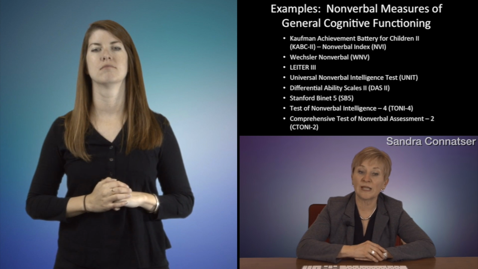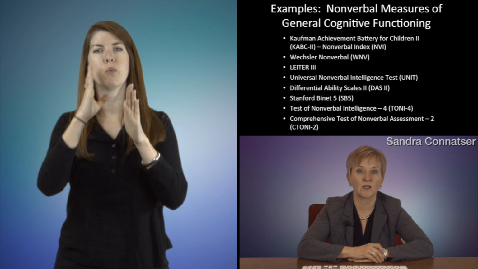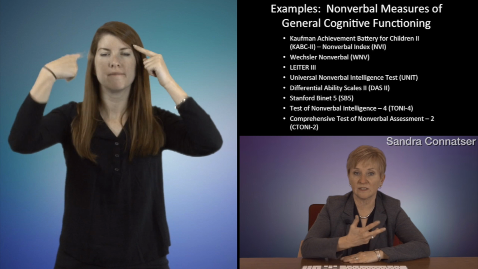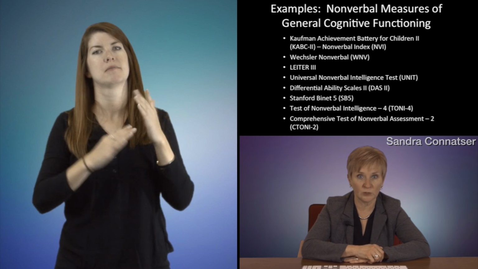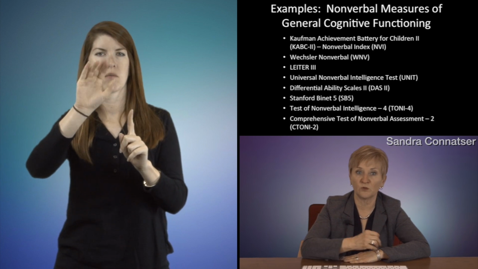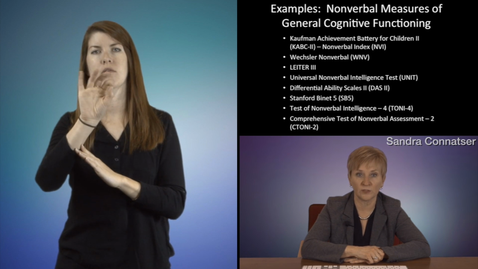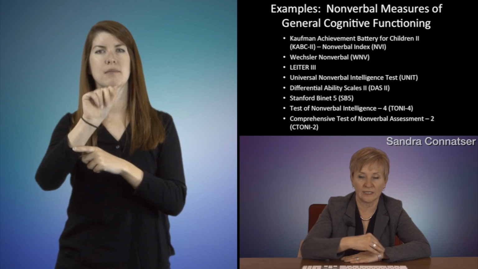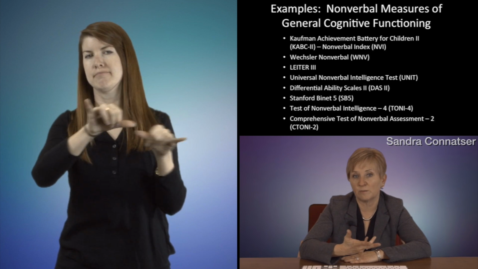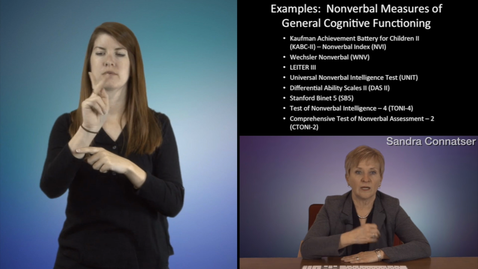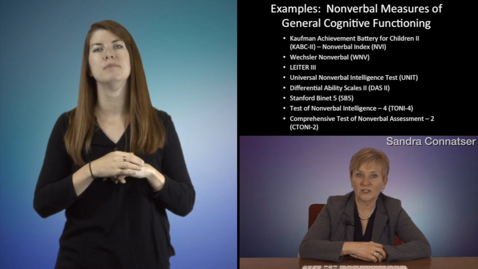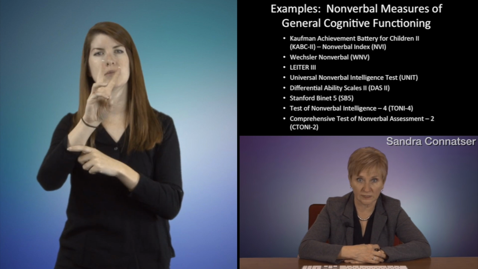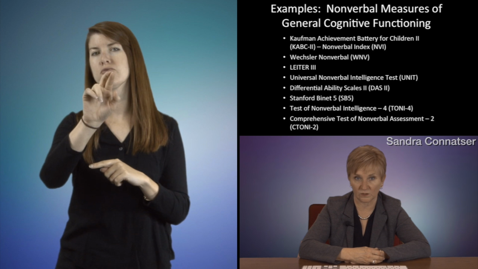So some examples that you may hear when your student's cognitive abilities are being evaluated are tests specific to nonverbal measures. For example, the Kaufman Assessment Battery for Children, and you'll maybe hear the word KABC-2, which is the abbreviation of that test. The Wechsler Nonverbal, known as the WNV. The Leiter-3 is another test that measures nonverbal skills.